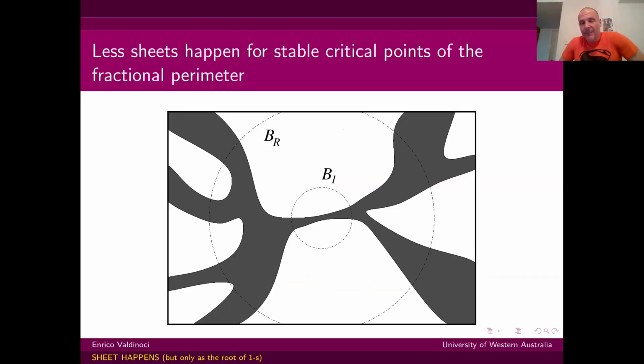This is again something specific for the non-local scenario. So, for instance, it's telling you that if you have many parallel planes at infinity, if there are too many, they have to merge somehow.